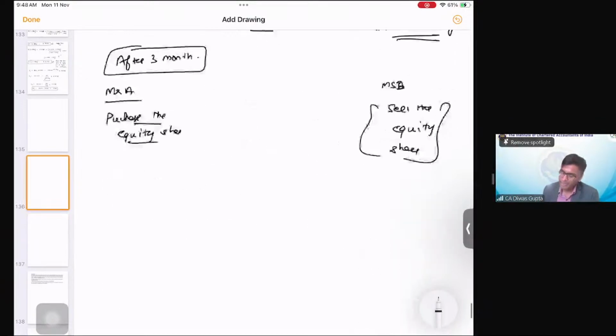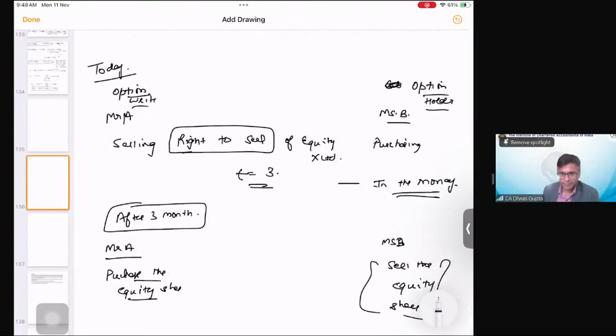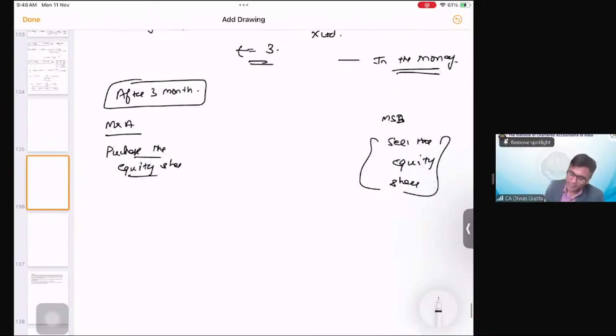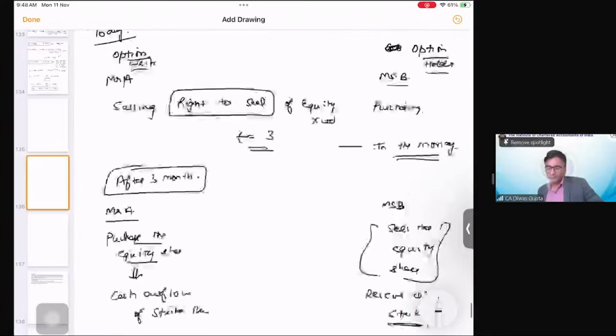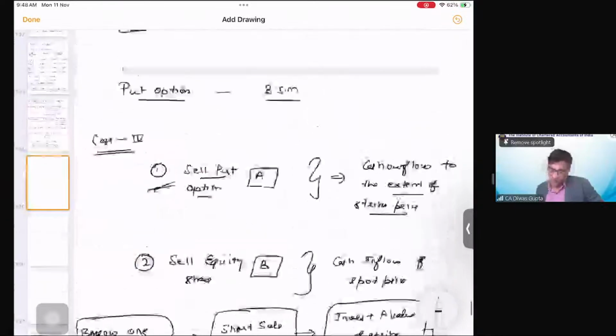Understood? So ultimately, if Mr. A has to purchase the share, then Mr. A has to pay a cash outflow of the strike price, and Miss B will receive cash equivalent to the strike price, right?